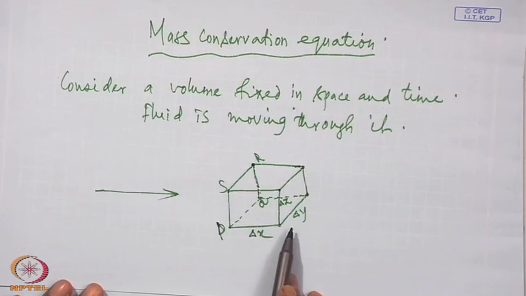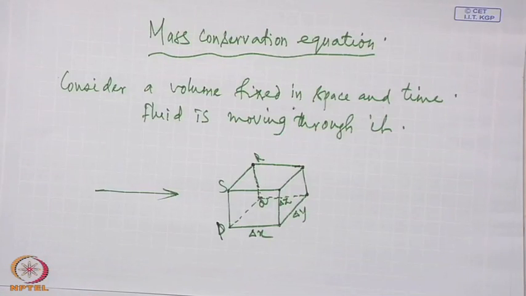Now, what is the mass flow going out through this opposite phase?